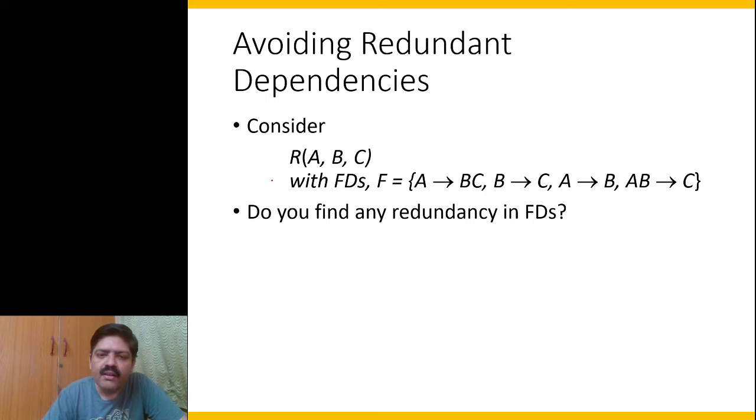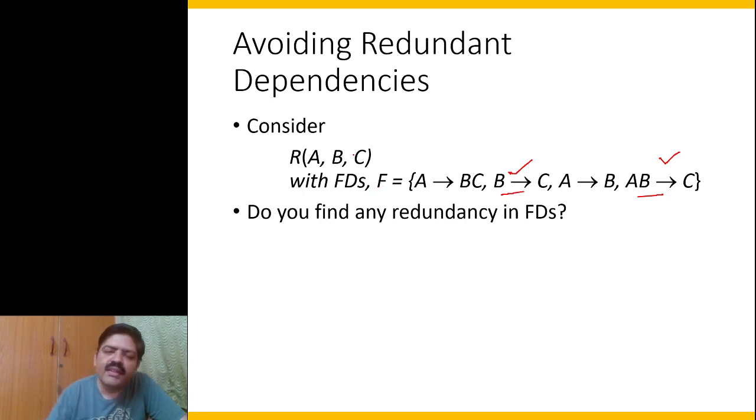So, for example, in this case, if I tell you that B determines C, then any attribute along with B will also determine C, right?